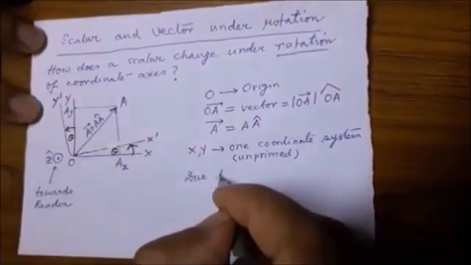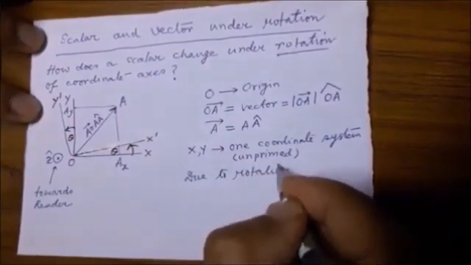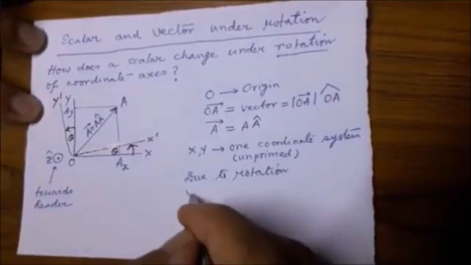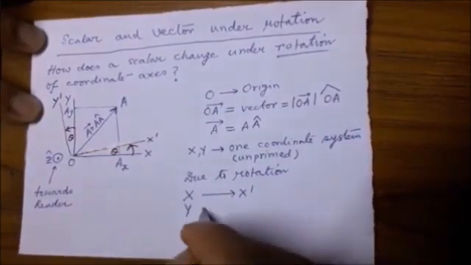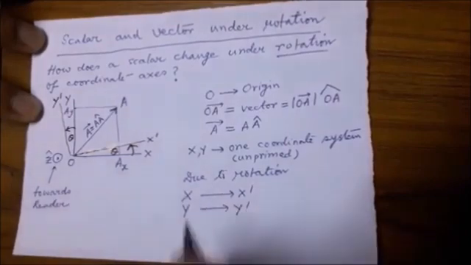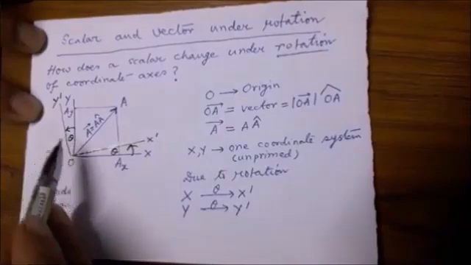So due to rotation, x goes to x prime and y goes to y prime, the amount of rotation being theta as indicated here.